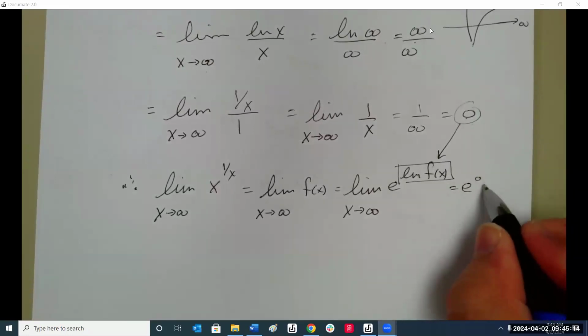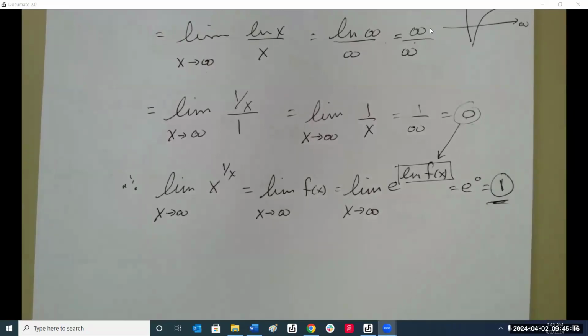So we get e to the power 0, which is 1. That's our final answer.